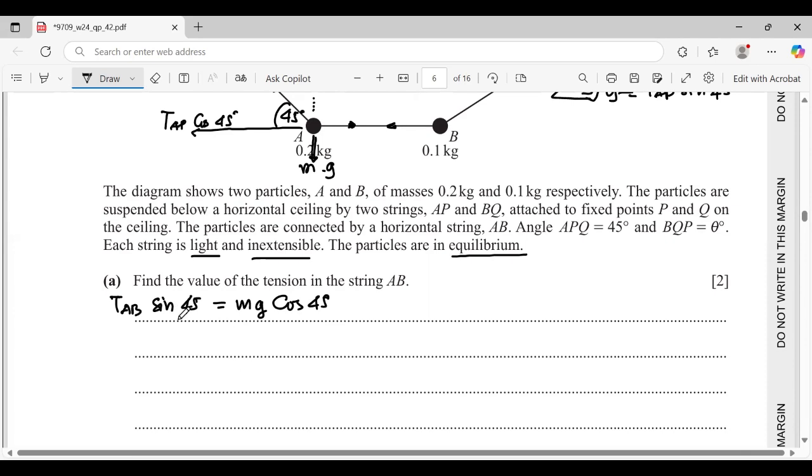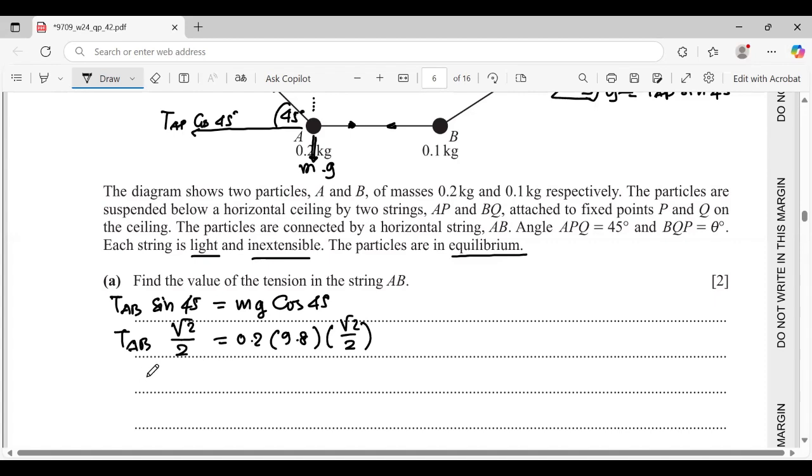So tension AB times square root 2 over 2 equals 0.2 times 9.8, the gravitational force, times cosine 45, which is square root 2 over 2.